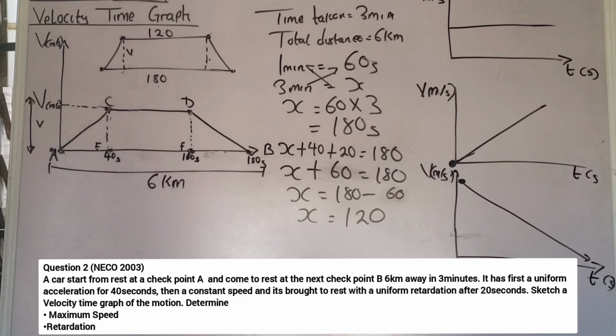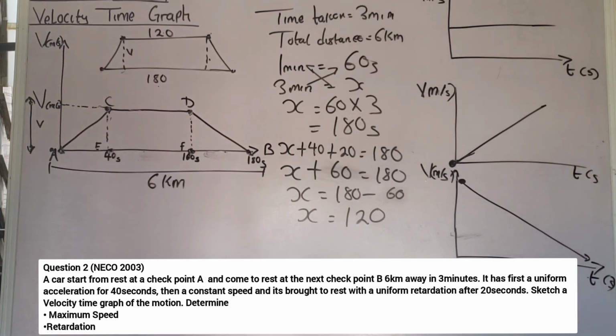If you want to get the distance traveled of a velocity time graph, it is the area. The area of a velocity time graph gives us the total distance traveled. Please note that.